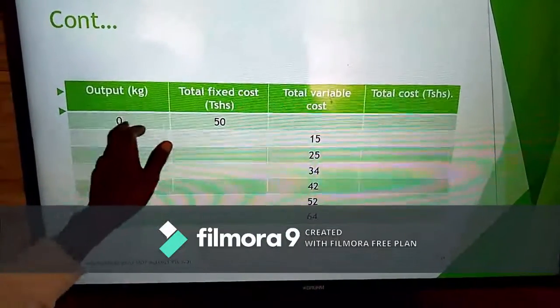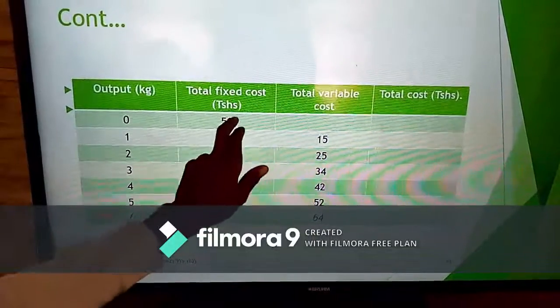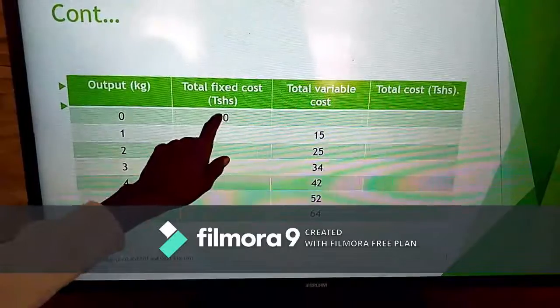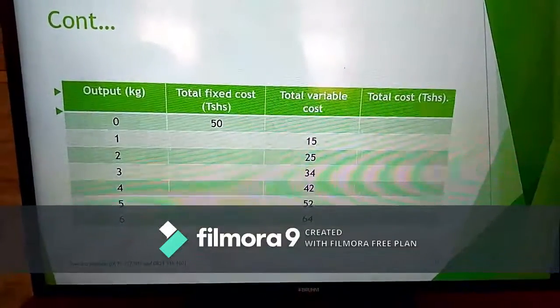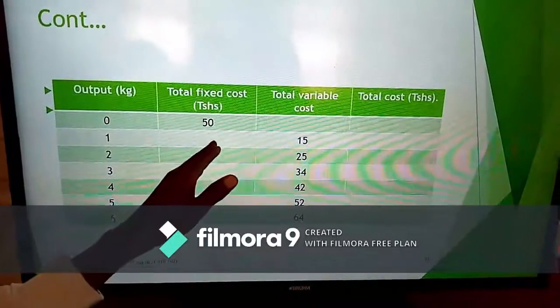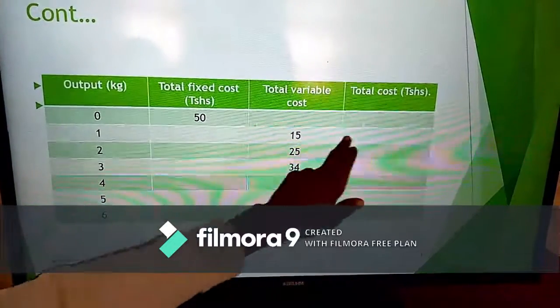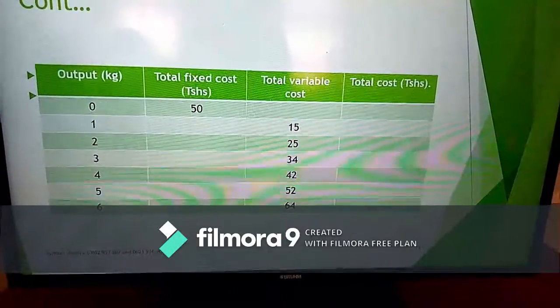But at 0 output level, a firm will carry on paying the fixed cost. Hence, at 0 output level, total cost will be equal to 50 plus 0, meaning the answer will be 50 here.